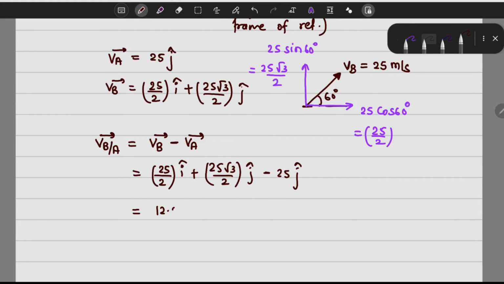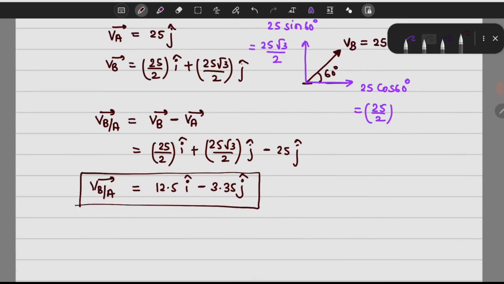So this is 12.5 i cap, and for the other component, 25 root 3 by 2 minus 25 gives minus 3.35 j cap. So this is the velocity of B with respect to A.